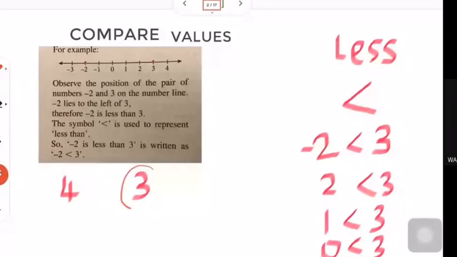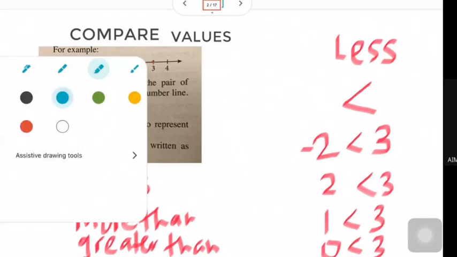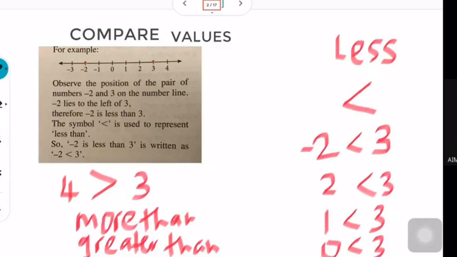Is 4 less or more? More. So the symbol is this. 4 is more than 3, or 4 is greater than 3. The other symbol, this one, is less than.